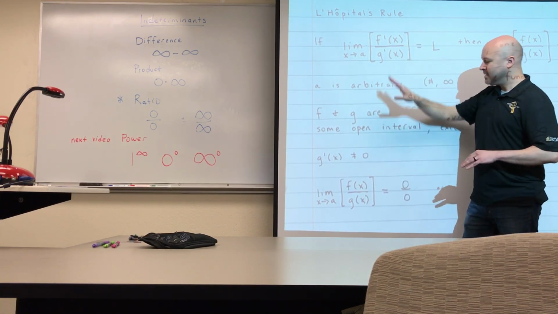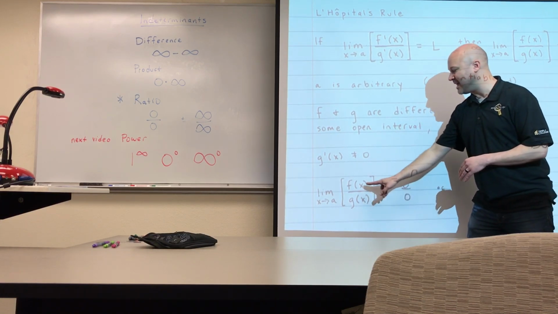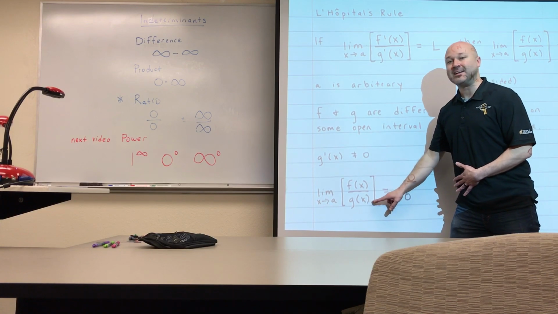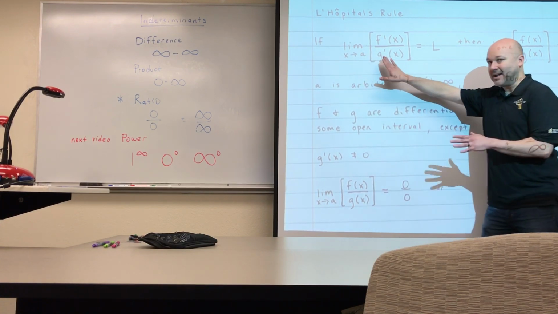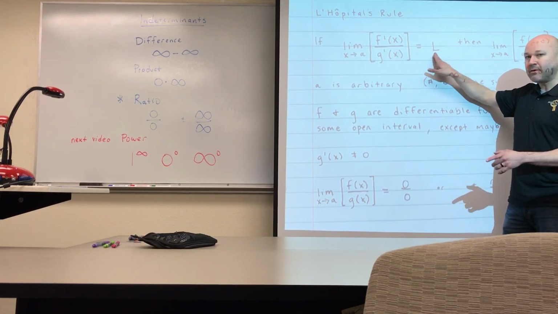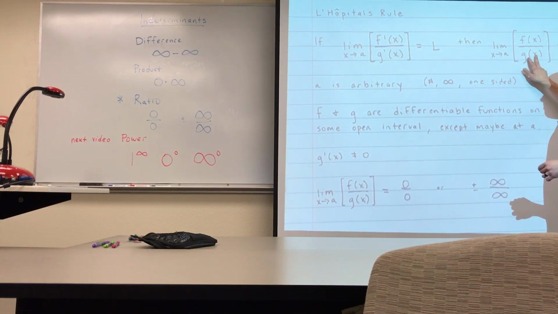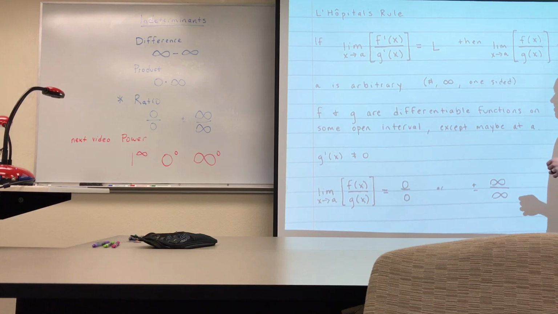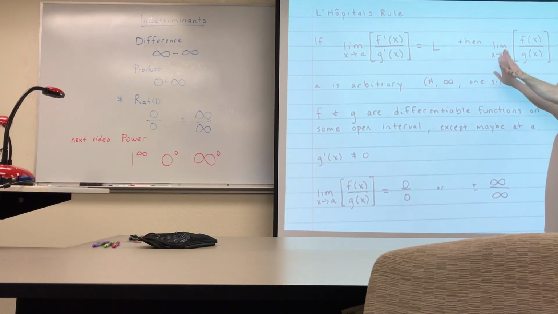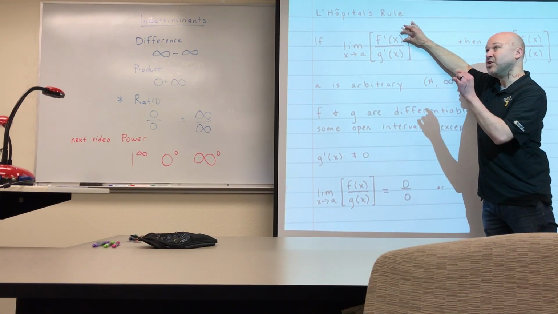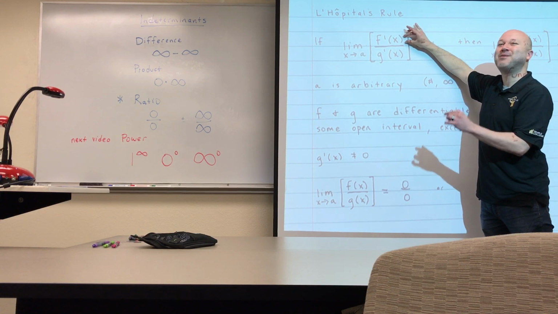If I have this situation, I just take the derivative of the numerator separate from the derivative of the denominator. I can do that, says L'Hopital. And if I get a number, then the limit of what I'm looking for will be that same value. Those limits will be equal.